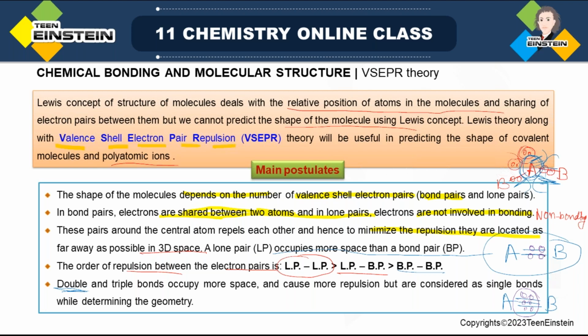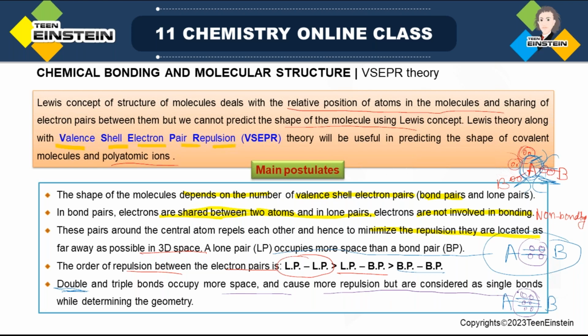So obviously, as the number of bonds and bond pairs is increasing, when you are moving from single bond to double bond to triple bond, the space requirement will be high. Okay. So double and triple bonds occupy more space and cause more repulsion, but are considered as single bond while determining geometry.